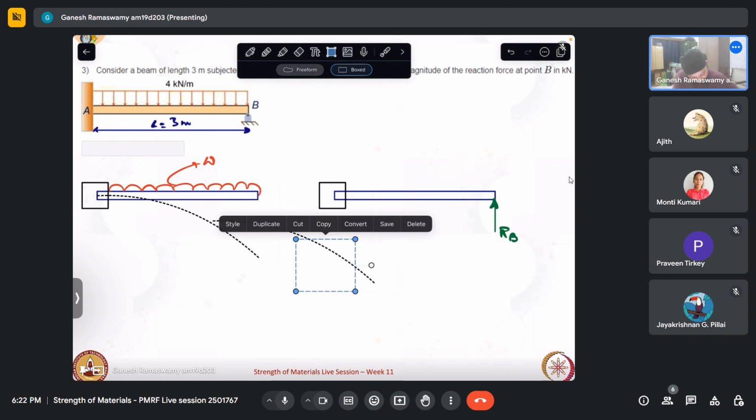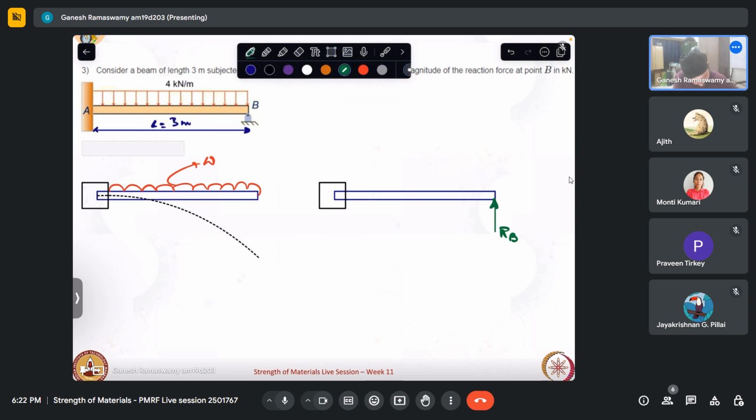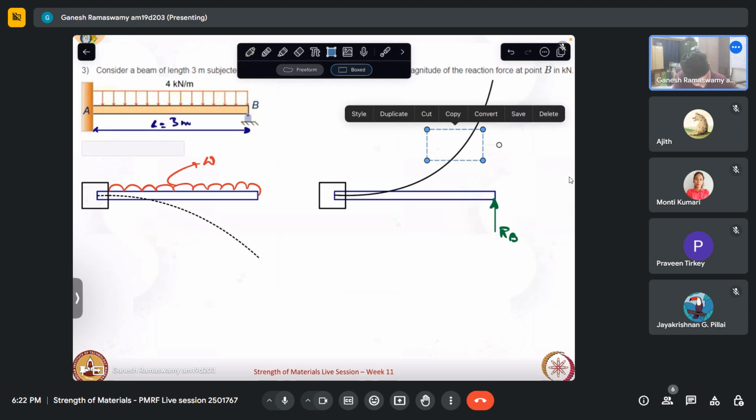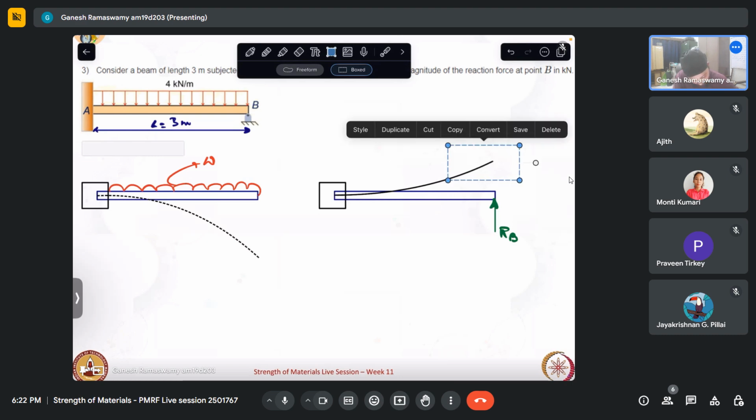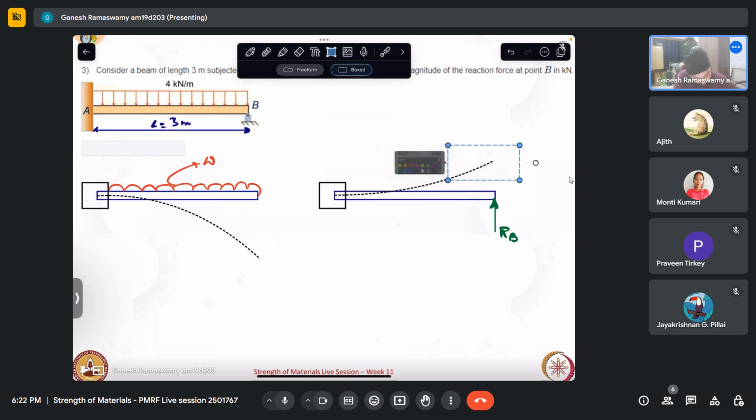Under the action of this load, this would deflect something like this. Just to appreciate the deflection, I'm drawing it as an exaggerated picture.